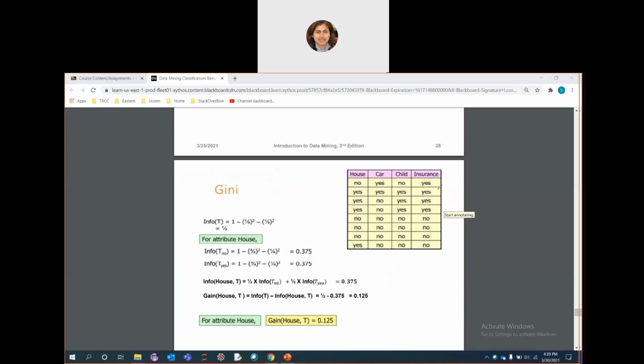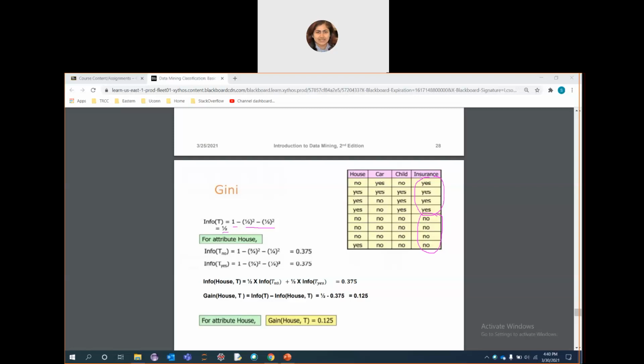Here we are taking again the same example, 50% yes, 50% no. But based on our formula, what will it be? It will be 1 minus summation of individual class probabilities. So this is the main difference between the other algorithm and this Gini index for calculating the entropy.